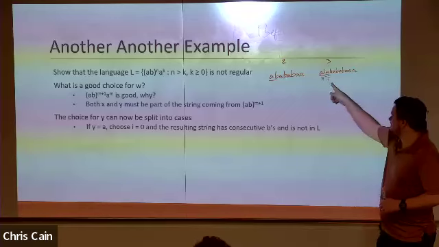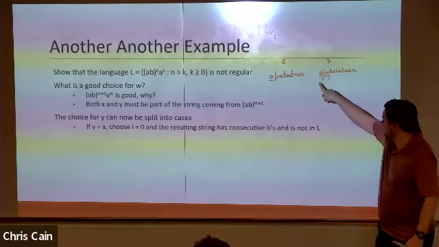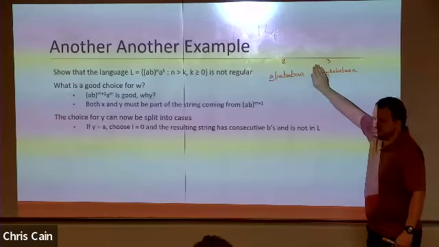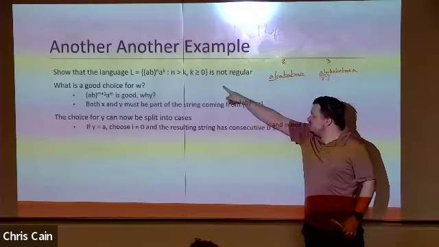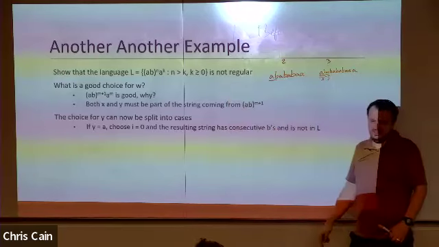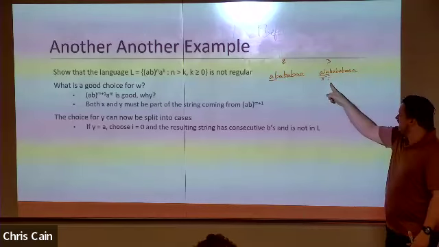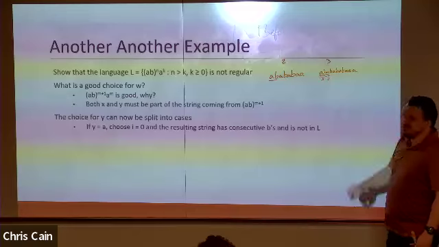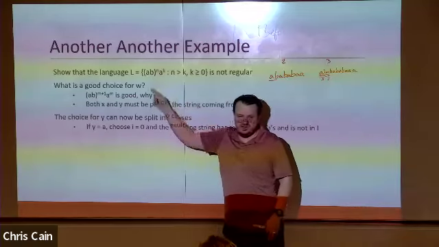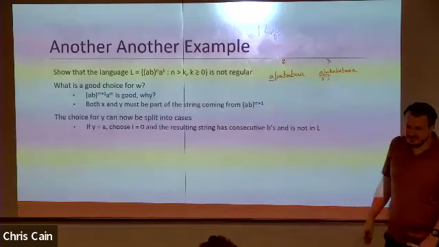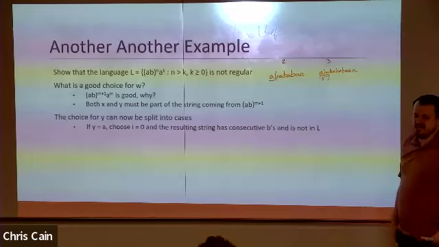So there are 2 cases within this case of having a single A. It could either be at the beginning of the string; if you delete the A at the beginning of the string, then this string starts with a B. No string in this language starts with a B. If it's in the middle of the string and you delete that A, then you get 2 B's in a row. Nowhere in this string can there be 2 B's in a row. So because of this, Y cannot just be A.